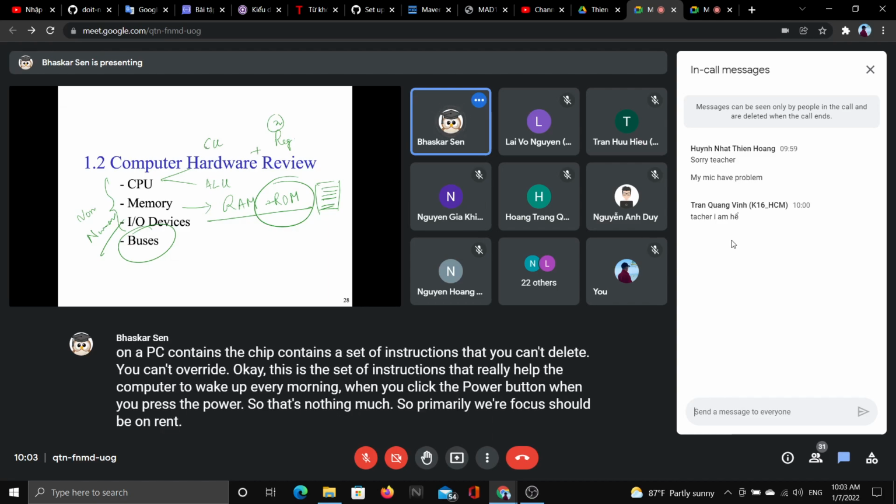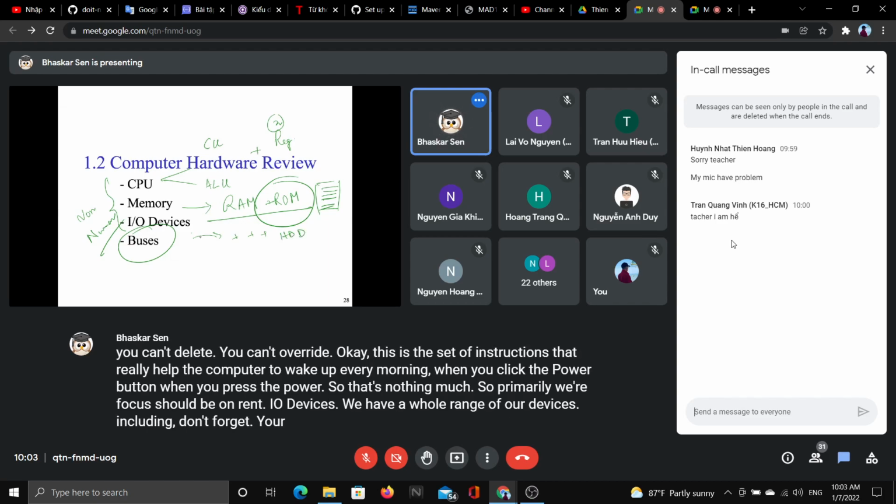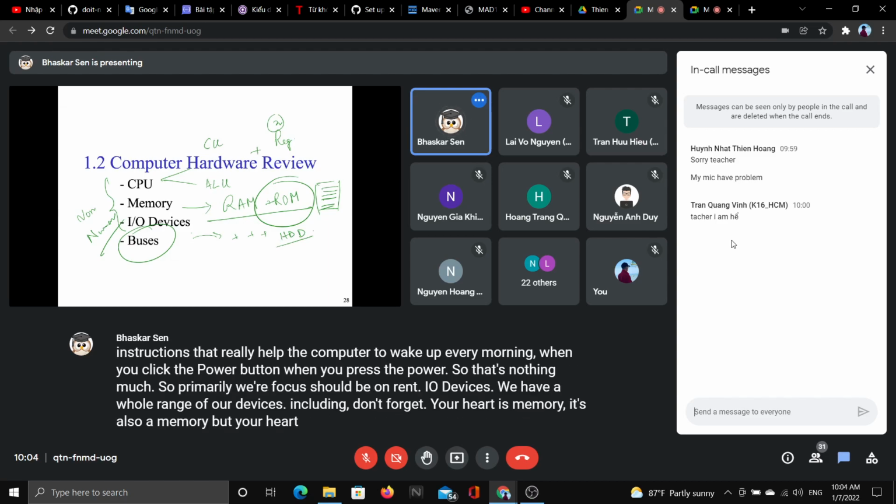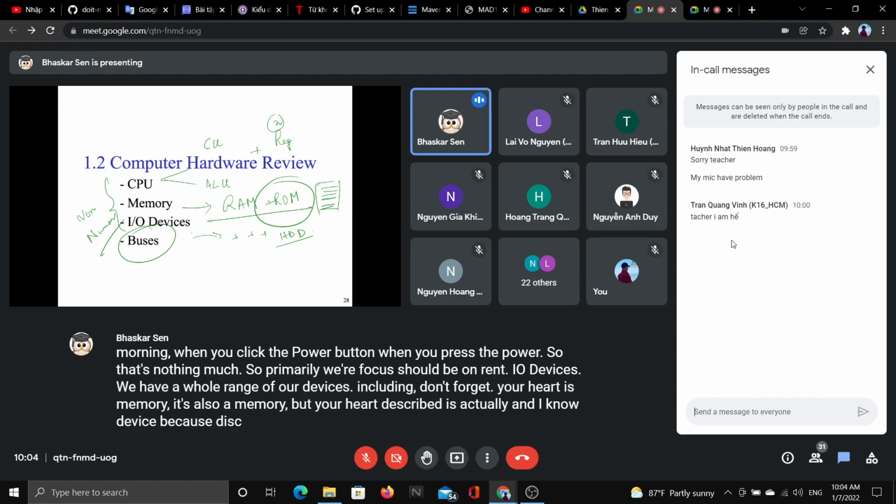And the I/O devices, we have a whole range of I/O devices, including, don't forget, your hard disk. It's also a memory, but your hard disk drive is actually an I/O device called a disk. It's an input-output device, a storage device.